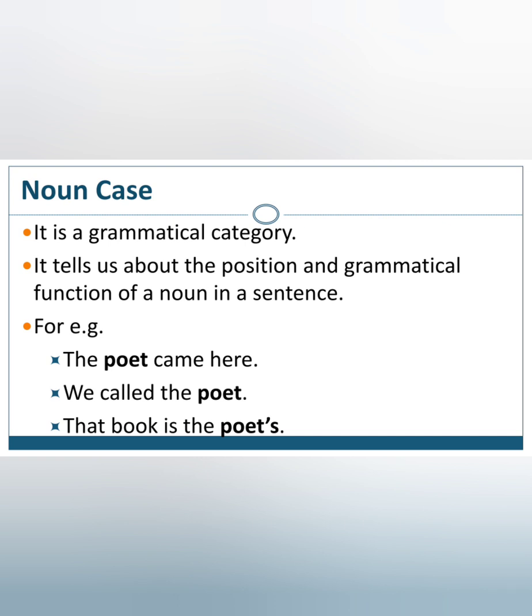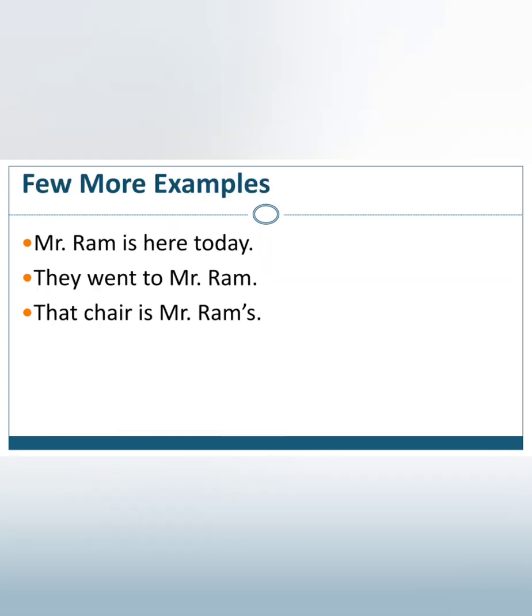Let's look at a few more examples. Mr. Ram is here today. When we ask the question, who is here? We get the answer, Mr. Ram. The next one. They went to Mr. Ram. When we ask the question, whom did they go to?